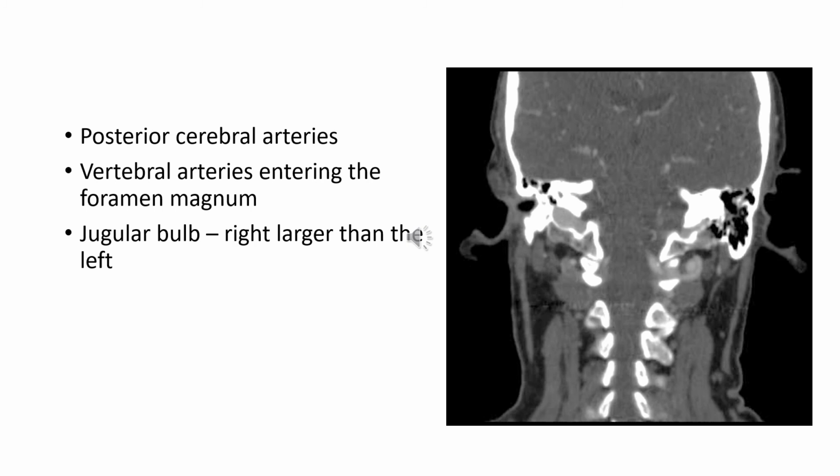So these vertebral arteries have ascended through the foramen transversarium of the cervical spine and are entering the brain to form the posterior circulation of the brain itself. The green arrows show the jugular bulb. So this is the transition of the sigmoid sinus to the internal jugular vein. And again you can see that the right is slightly larger than the left, which is the most common finding.